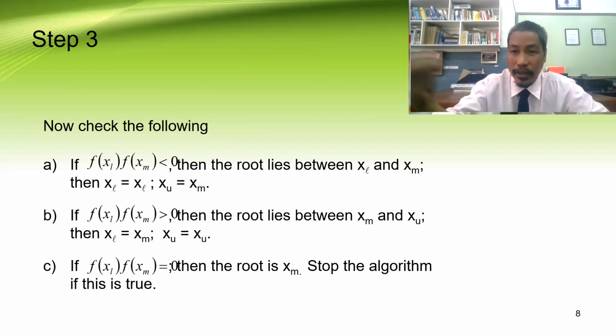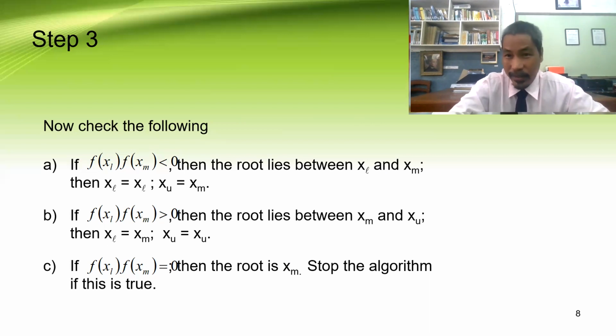Use the value of XM to be the upper limit. But if we multiply F(XL) times F(XM) and it results in negative, then the root lies between XL and XM.